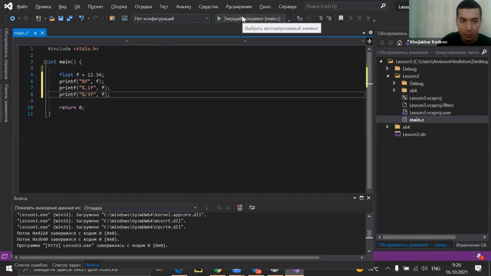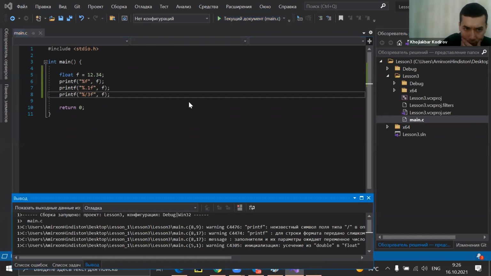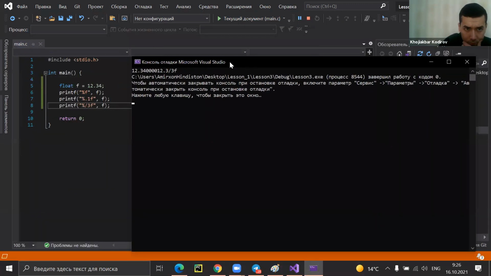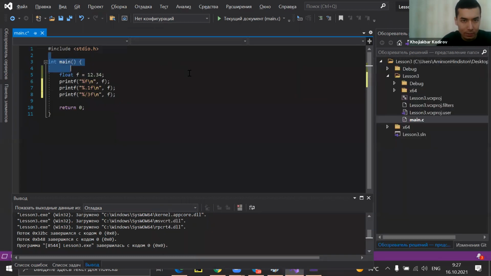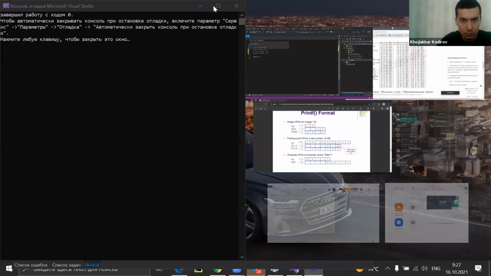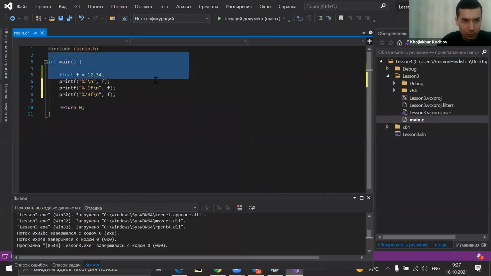When I print it, let me make a new line to be more specific. We talked about new lines last lesson. Everything's clear with this?